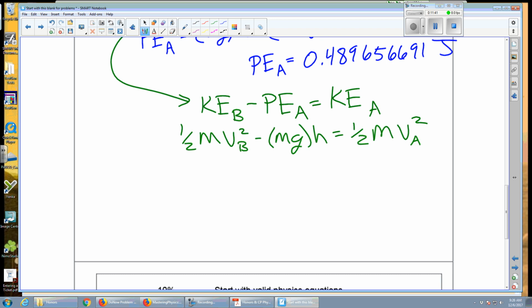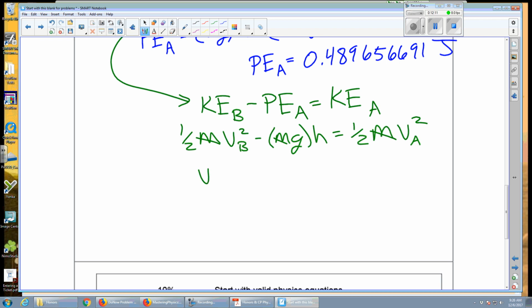Now I've got a choice. I know what PE at A is. It's that number, right? So I can just put that in there, and then I can fill in the rest of my variables. I'm going to kind of ignore it. What if I screwed up that number? Then I'd screw up this one too. So I'm going to ignore that I know that number. Okay? And that way I can get rid of all my m's and multiply each side by 2.